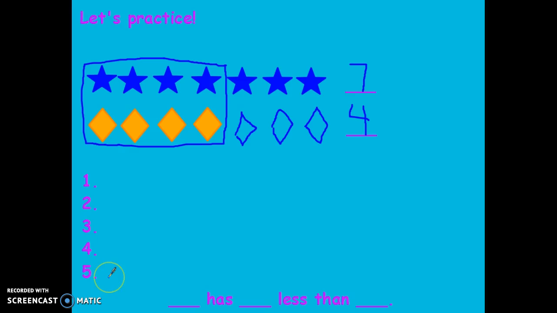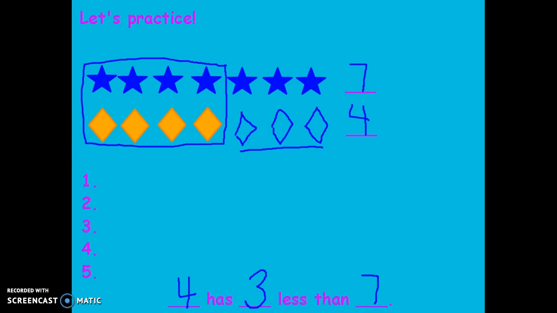Step 5 is count how many. Count them with me. 1, 2, 3. So now I know that 4, the number of diamonds, has 3 less than the stars, which were 7.